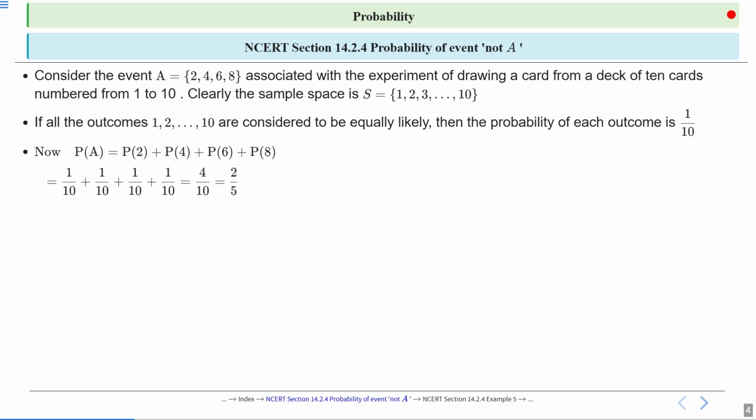This is equal to 4 by 10, and if we simplify it, we get 2 over 5. So the probability of A is 2 over 5. Clear?